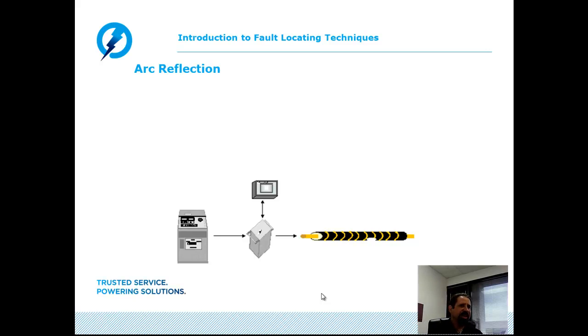The arc reflection technique basically takes the pulse echo technique and combines it along with a high voltage device, in essence a thumper.